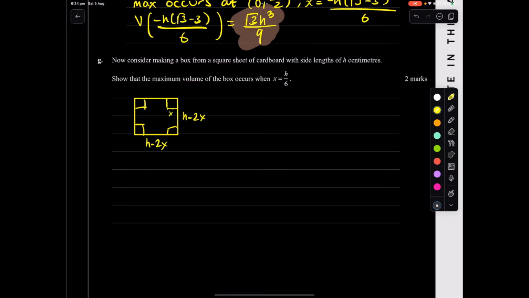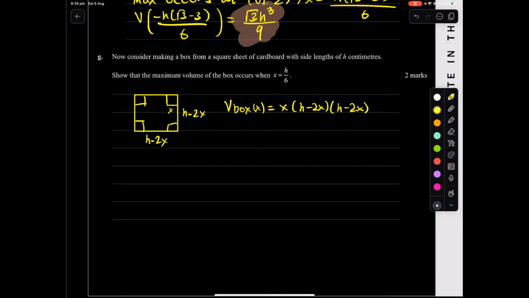And these will be x's, by the way. So putting it all together, your volume of box of x is x times h minus 2x, h minus 2x, which is just x times h minus 2x squared.